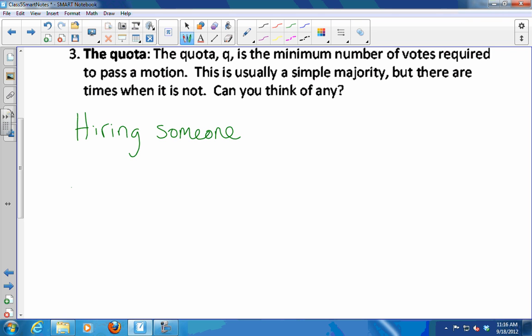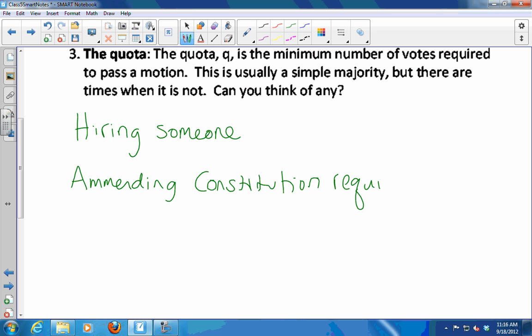Yes, amending the Constitution requires 2/3. Juries have to be unanimous. They can't decide guilty or not guilty without a unanimous decision.